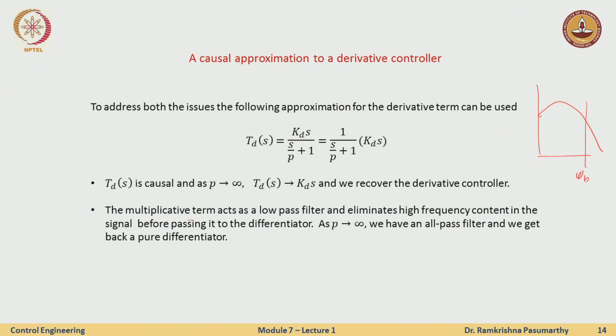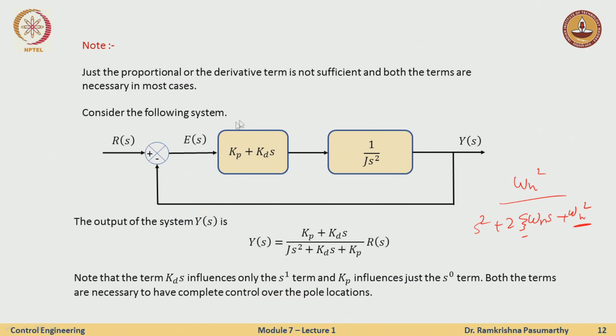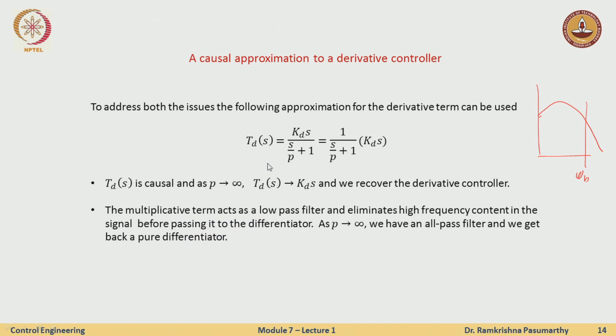So, this multiplicative term acts as a low pass filter and eliminates high frequency content before passing through the differentiator, right, and usually noise is a high frequency signal. So, if I just add an additional pole here, that will take care of the high frequency signals, right. And of course, again as p goes to infinity, we have an all pass filter and we get back a pure differentiator. So, I have done two things here.